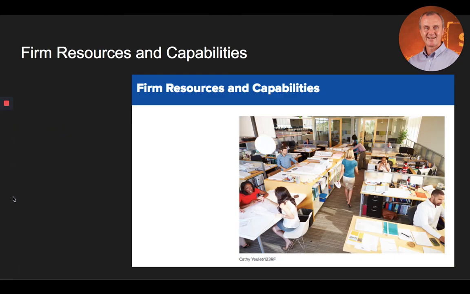Next, let's look at firm resources and capabilities. In order for the firm to create value, it ultimately needs to have a set of resources and capabilities that enable it to offer attractive products or services and to do so on a cost-effective basis. There are 3 steps to carrying out an analysis of firms' resources and capabilities.